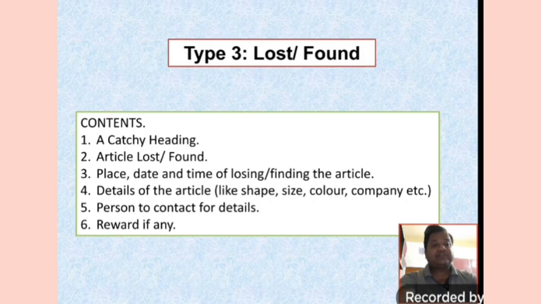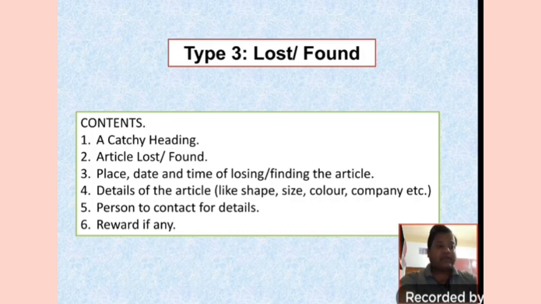You must give a description of that article so that it is easy to identify the article. This description may include the shape, size, color of the article. You can also mention the brand or the company of that article so that it becomes easy for the students to identify it. So all this description should be given.